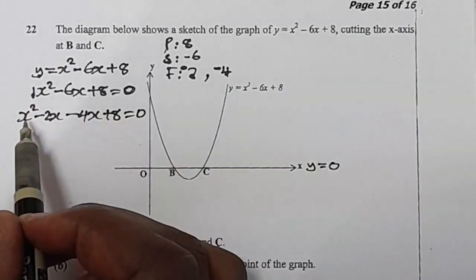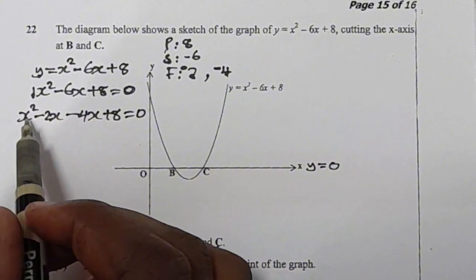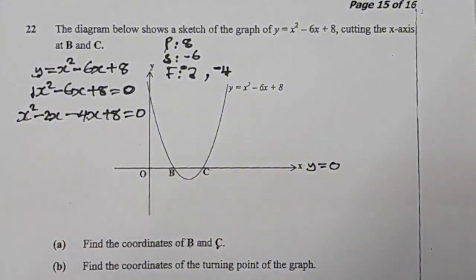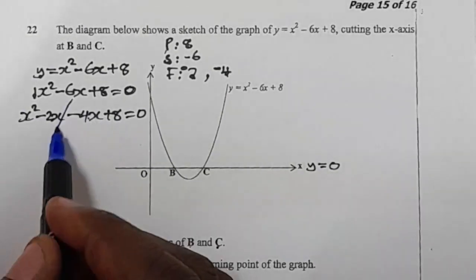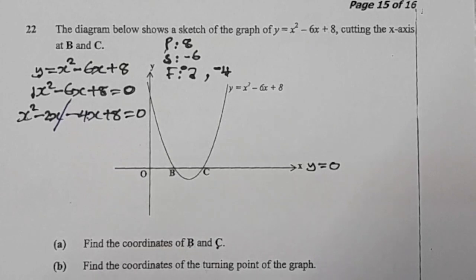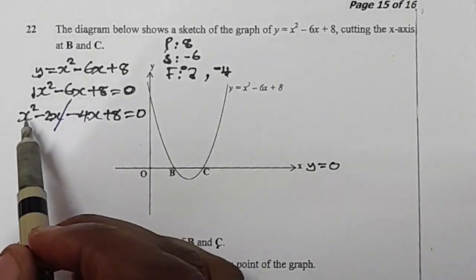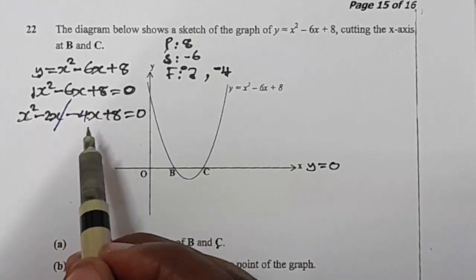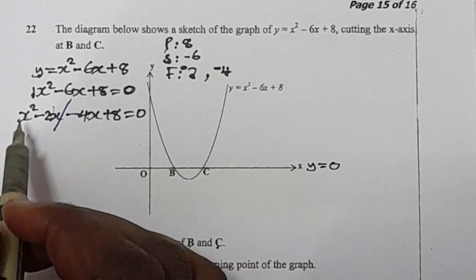Then you can see that we have 4 terms, 1, 2, 3, 4. And because we have 4 terms, we are going to group them into 2s. We are going to pair them like that, so that we factorize the first 2 terms and then the second 2 terms. So what is common there is x.